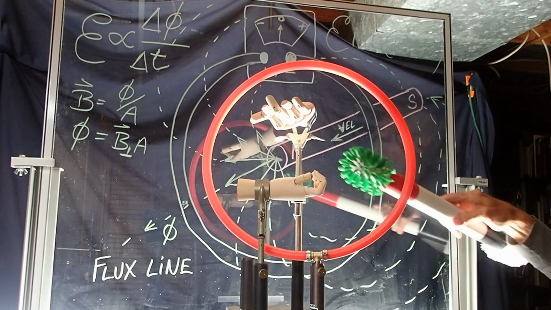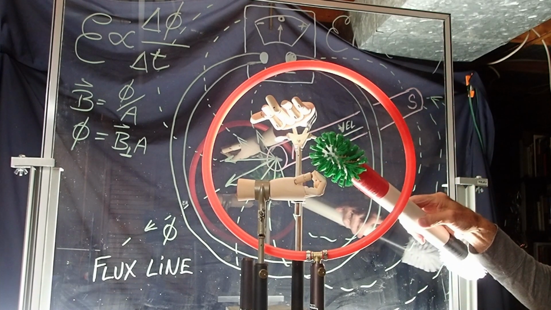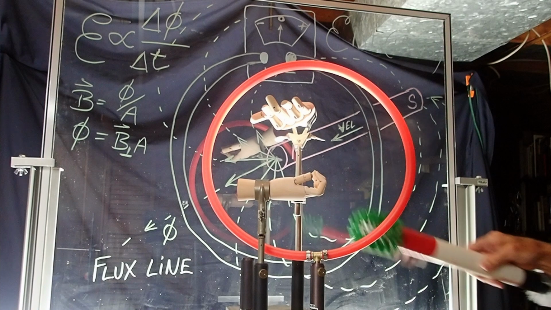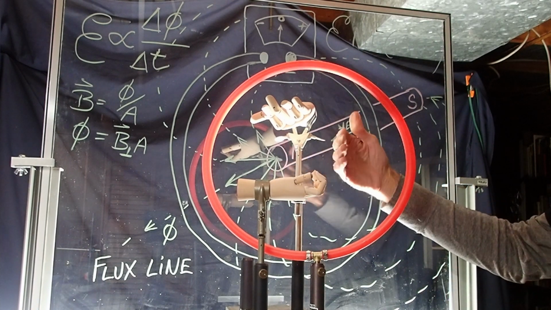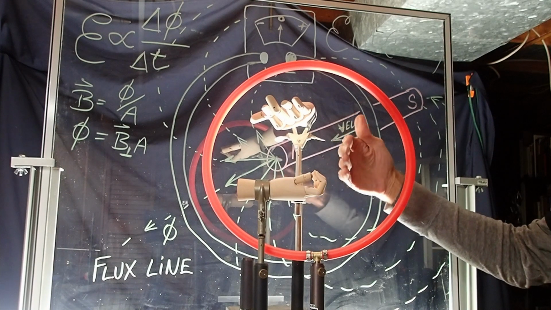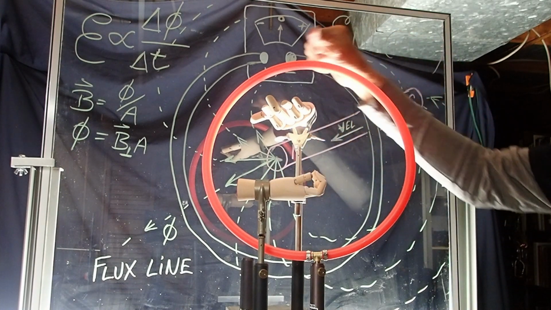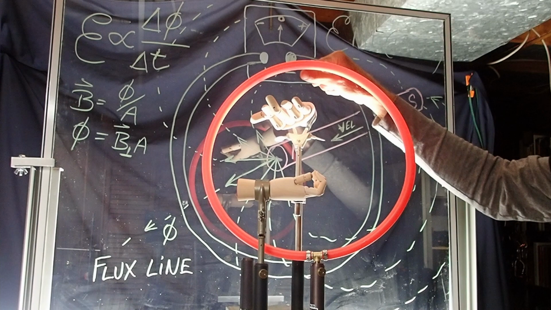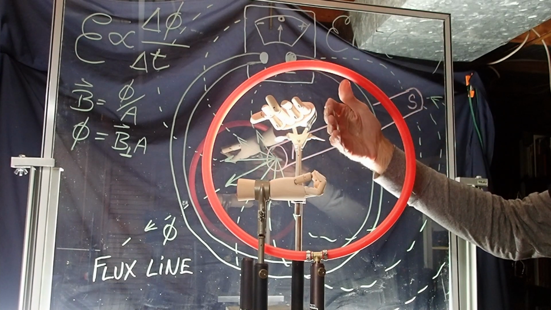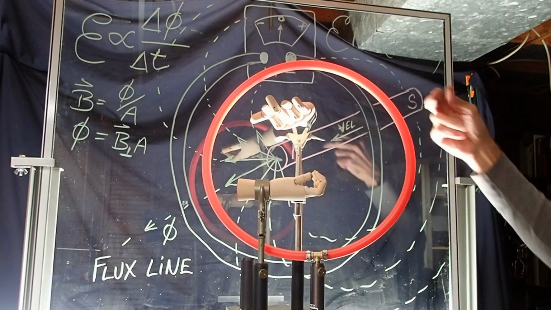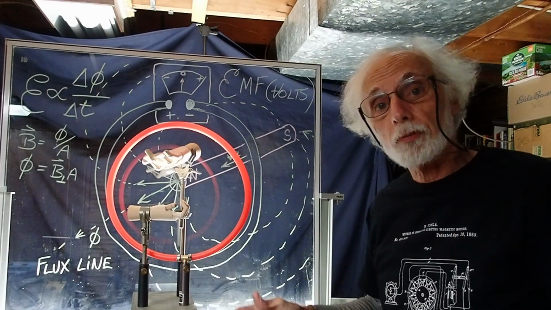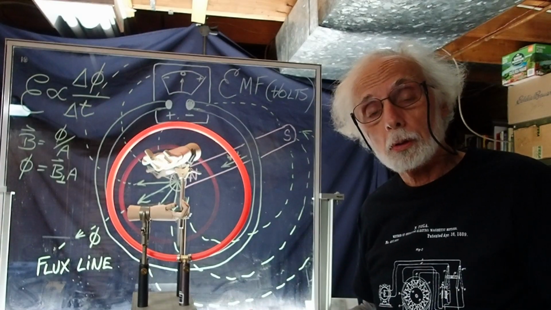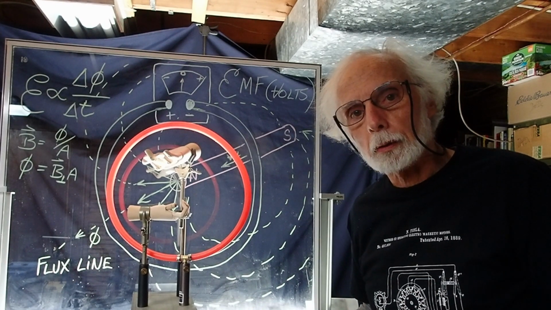Well, that's the direction we were increasing flux lines in the first place. And remember, what did we say? We were suggesting that the change in magnetic field in this direction was producing a current in this direction. Is it possible that that's going to make a magnetism that produces more of that current, that produces more of that magnetism, that produces more of that current? We've solved the energy crisis. I'll bet it doesn't work that way.